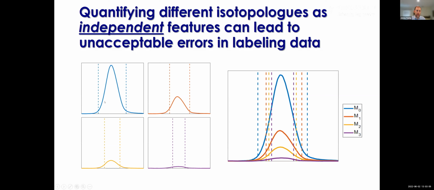What this means is that if you have some isotopologs that are more abundant, some that are less abundant, and the software is applying inconsistent parameters when it does the quantification, for example, using different retention time windows to integrate the area under these different peaks, then when you try to quantify the ratios of those different isotopologs to each other, you can introduce errors that are as high as 5 or 10% in some cases, just because of the way the data is quantified.